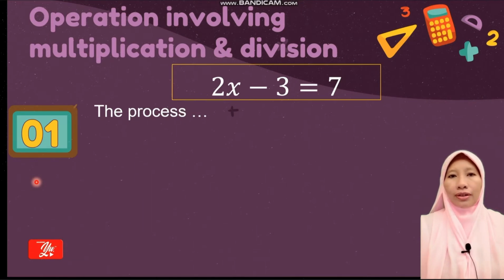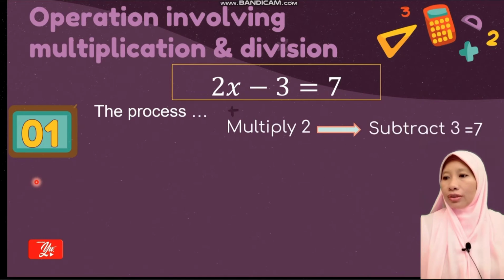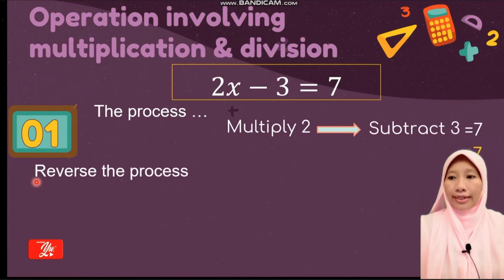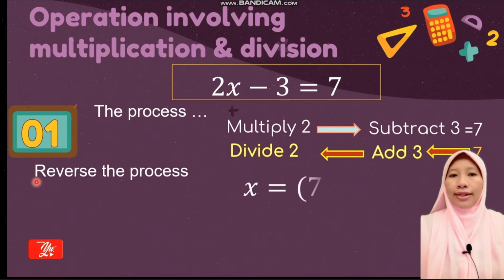Focus on the variable first, which in this case is x. x multiply 2 followed by minus 3 equals 7. So the reverse process is 7, instead of subtract we add 3, then instead of multiply we divide 2. So x equals 7 plus 3 divide 2.